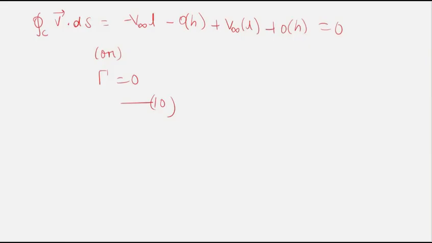In order to show this, let us say V infinity is constant in magnitude and direction. So if V infinity is constant, what will I write circulation as? V infinity comes outside over here.